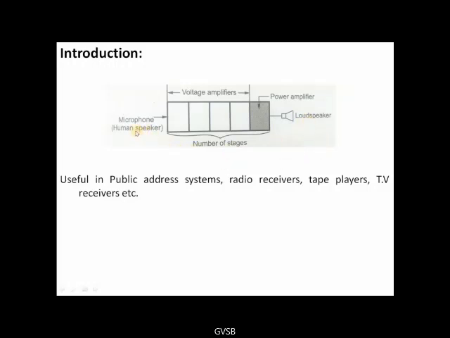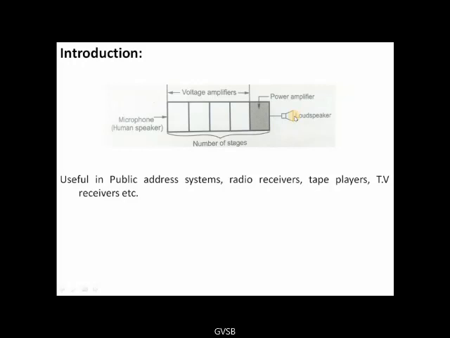The input from the microphone is in the order of microvolts, and this voltage is amplified by the voltage amplifier sections, which deliver a few volts. This voltage is given as the input for the power amplifier, where both voltage and current amplification is done, which means most of the power amplification is done here, and later this power is delivered to the loudspeaker.